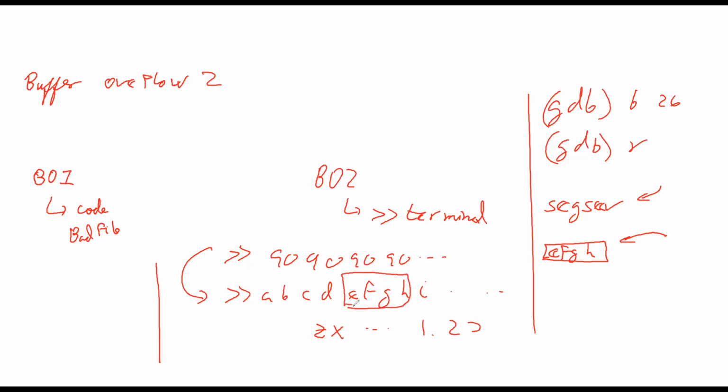What is the meaning that you saw EFG there and EFG here? Does it mean that you have overwritten the address? Exactly. You know where the return address is in memory. So by knowing this, now you know where to put your return address. Does that make sense?